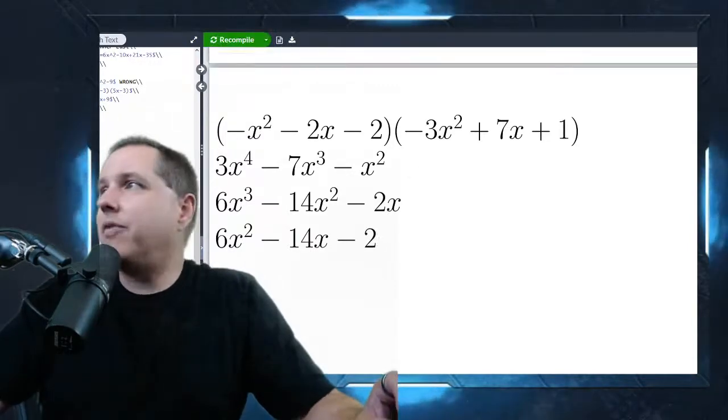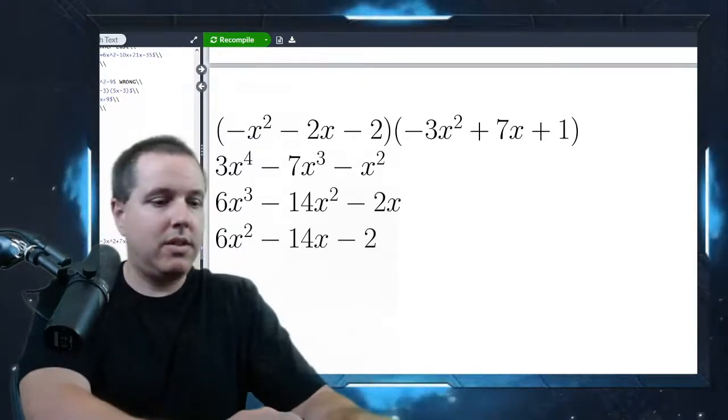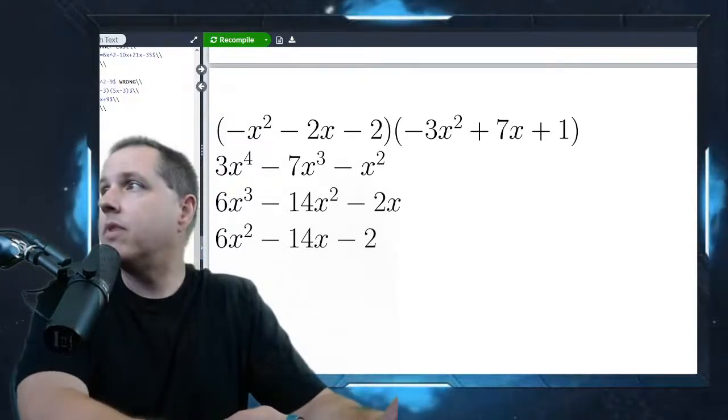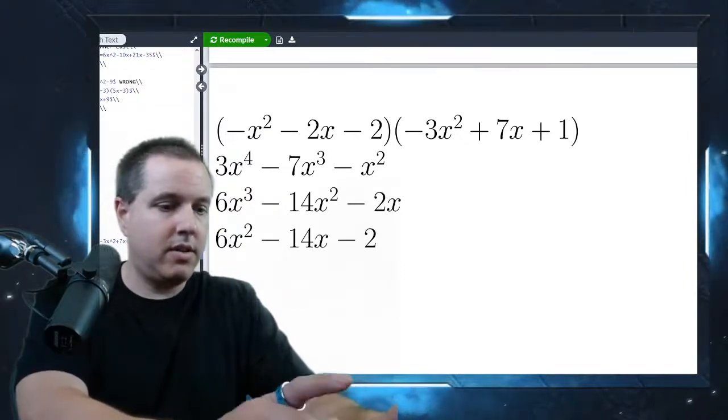Now, I've forgotten, give me a second. I've forgotten what the command is to give space here. So let's see. Space beginning of line.